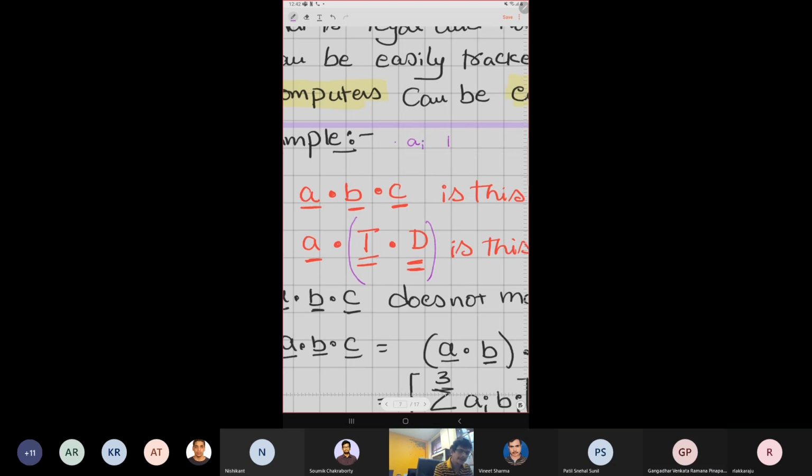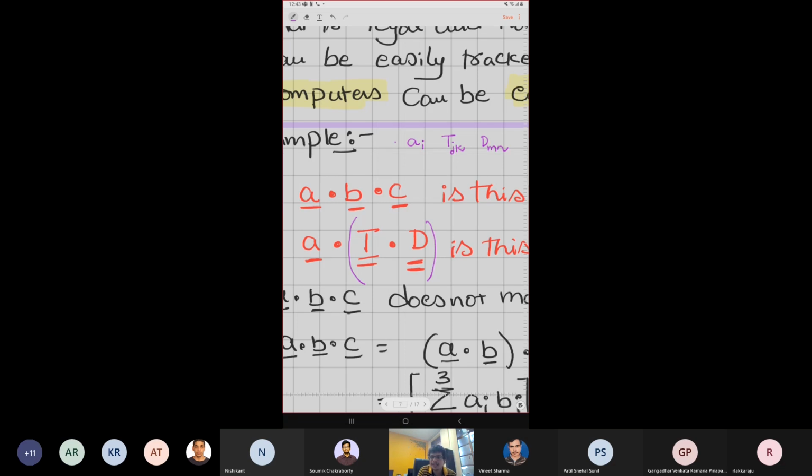T is represented by something like J, K. Maybe D is represented by M, N. i varies from 1 to 3. j also varies from 1 to 3. k also varies from 1 to 3. m also varies from 1 to 3. n also 1 to 3. Now carefully replace these indices by summation rules. Can you please do that for me? I have given you a hint.